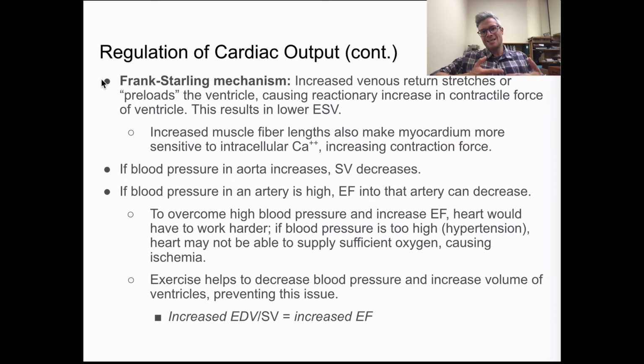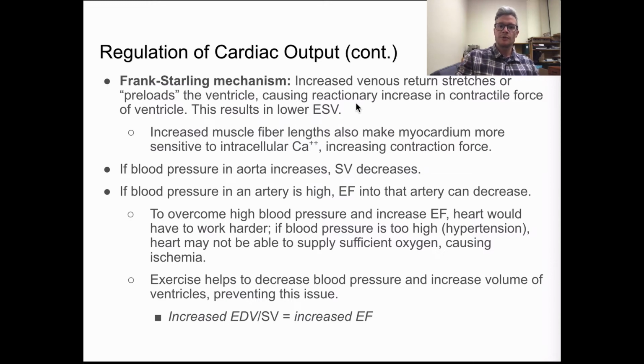So we get this almost overstretched kind of filling of the heart because venous blood is getting pushed in. And it essentially preloads or extra loads our heart so that when it contracts, it squeezes out more blood, right? So it's like extra load, poof, extra squeeze, or extra force contraction, okay?